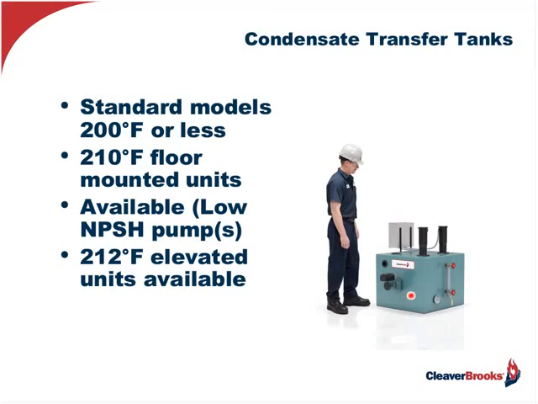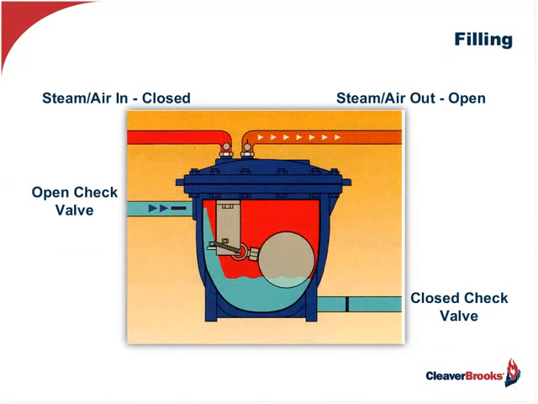Now, there are certain applications where, like I mentioned before, I want to take that condensate to a high-pressure condensate return system. I can use a power pump or a pressure pump for that. It could use either steam as the motive force, or it can use air. So you can see in this particular case, I've got my condensate coming in.